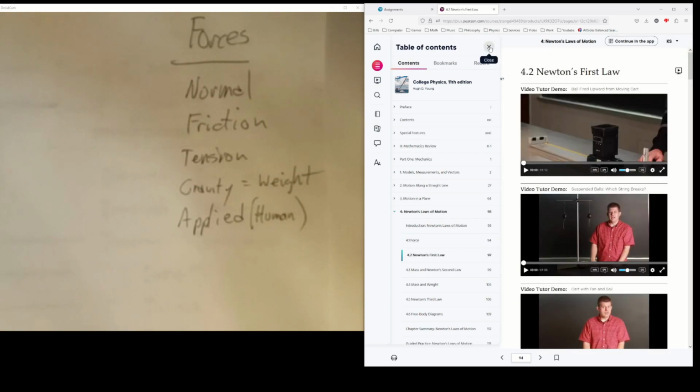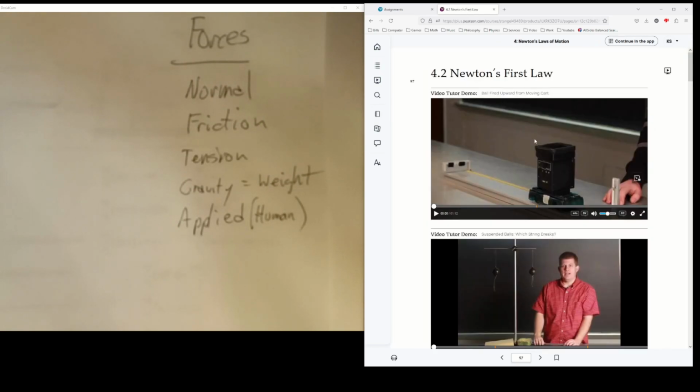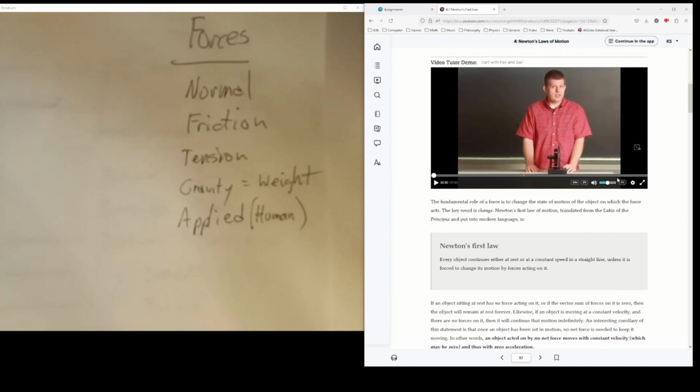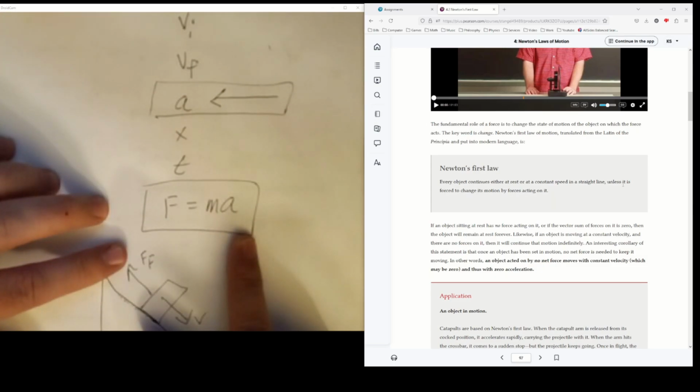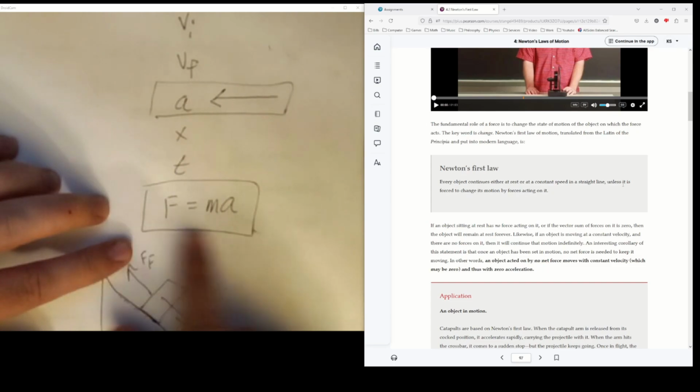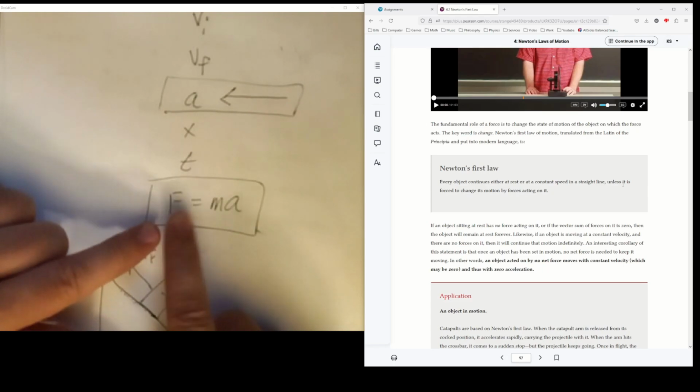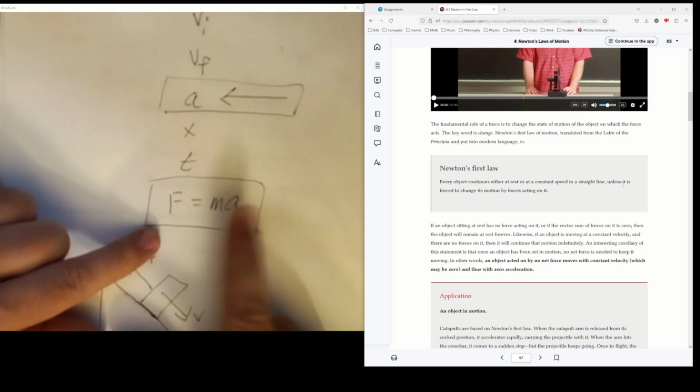And in 4.2, so I'm going with the book's order here. I'm not quite liking their introduction here. So let me just go back, because I started off by saying F equals ma, and the book still hasn't gotten to the statement. They're still working towards it. But the reason we're talking about forces now is because forces create an acceleration.